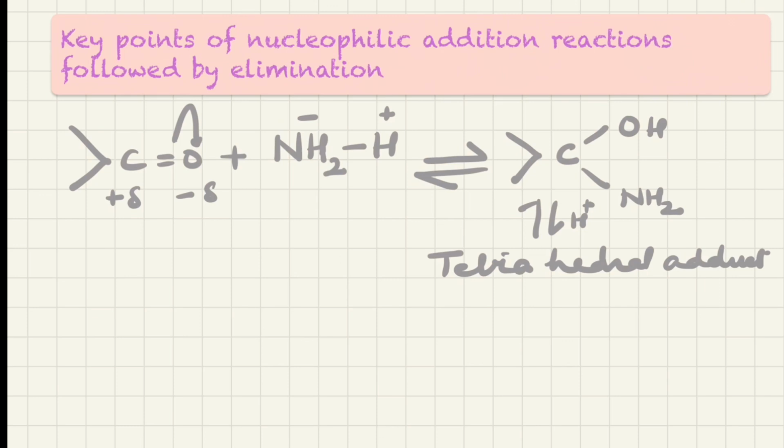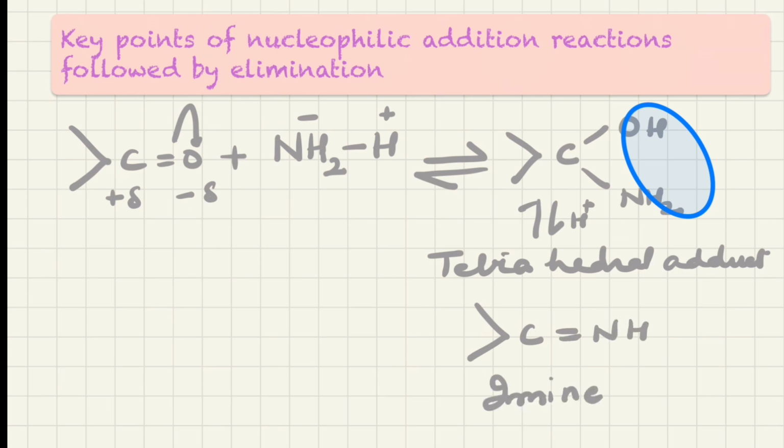How it removes water is, if you see, this OH reacts with one of the H to give H2O, and finally what we are left with? We are left with C double bond NH. This is nothing but imines.